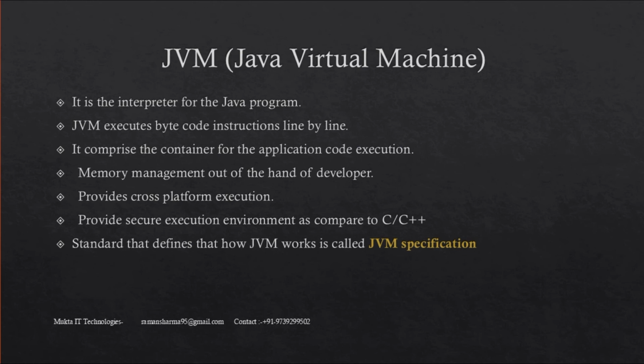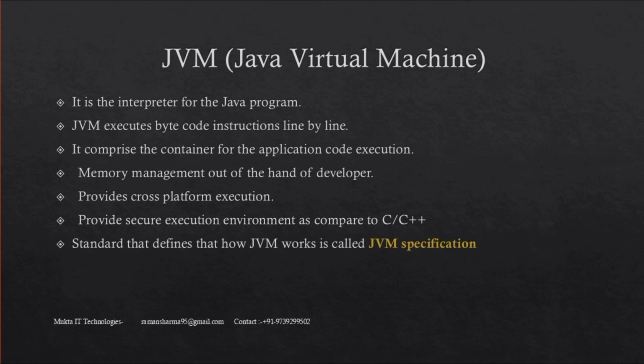Everything related to the code, like memory management or security, is handled by the JVM. Automatic memory management and how the class file is to be executed are the responsibility of the JVM. The JVM always targets the bytecode.